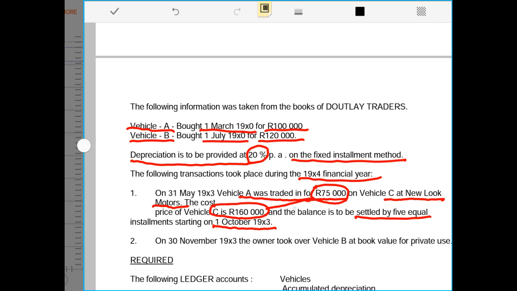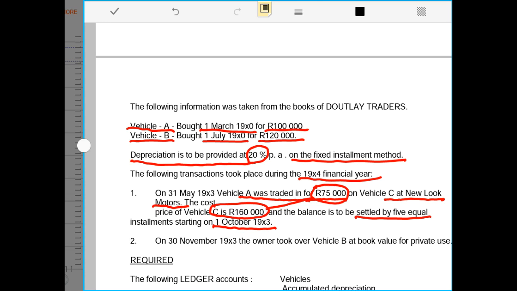That difference will be paid through 5 equal installments starting on the 1st of October, which also means that if you are doing the statement of financial position, the difference between 160,000 and 75,000 rands will have to be recorded as a current liability.